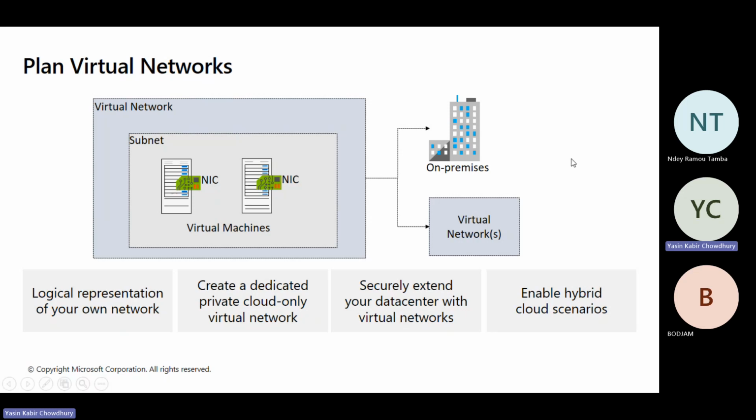If we see the diagram, there is a virtual network, meaning a full network, and within the virtual network we can create a subnet. Under the subnet there are some virtual machines. And this one is the NIC, the network interface card.